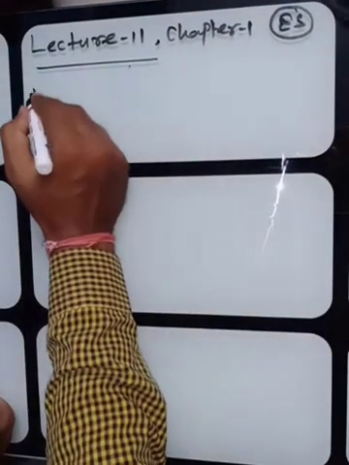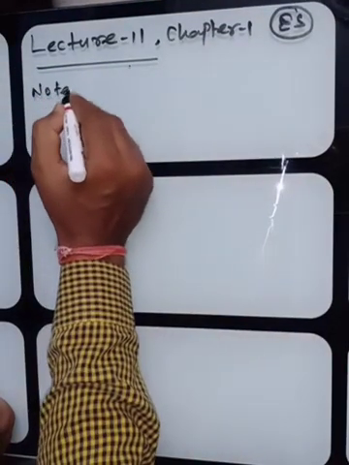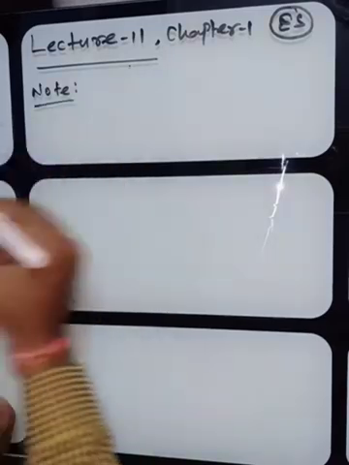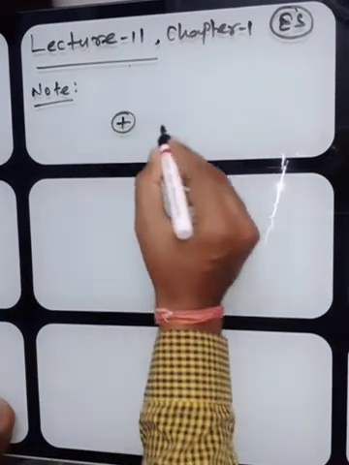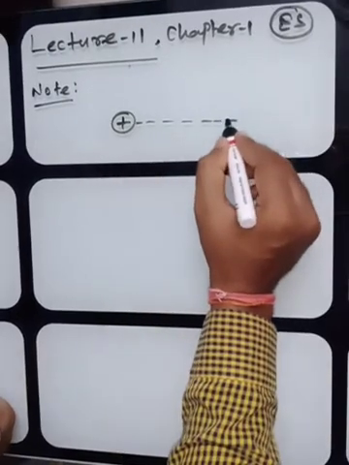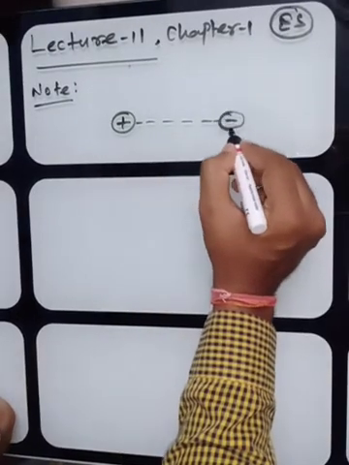Now, a few important points, students. Noteworthy point: this is the dipole of a positive charge and a negative charge.